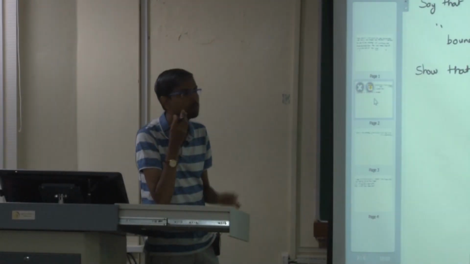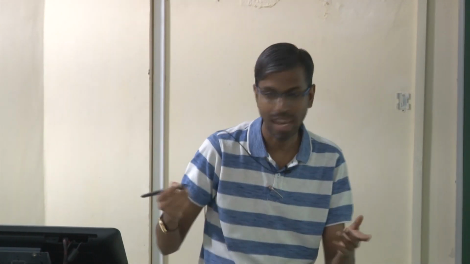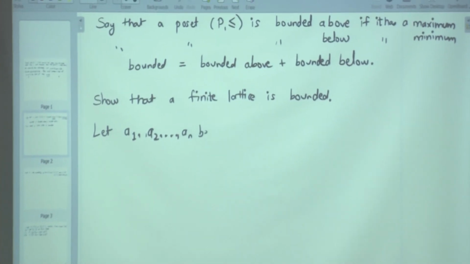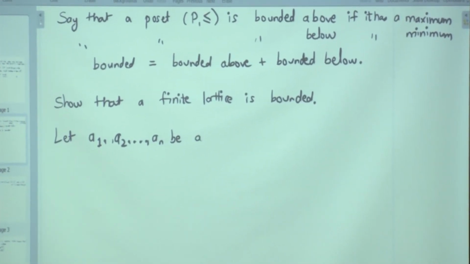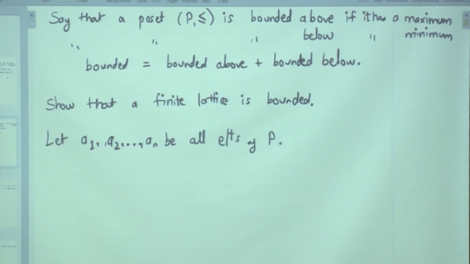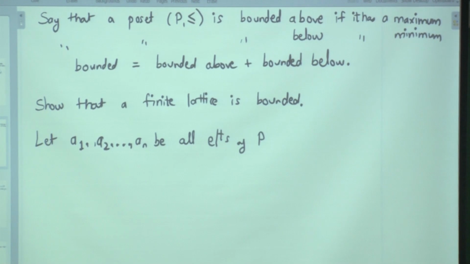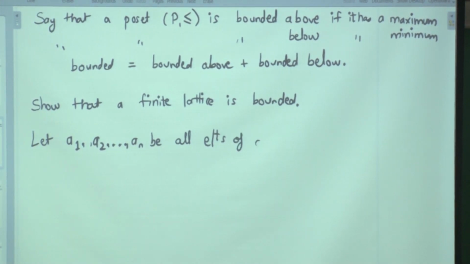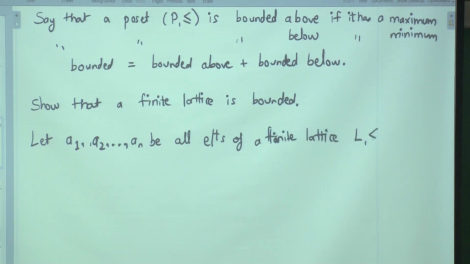How do you prove such a thing? Take the join and meet of every element. Yes. So let A1, A2, ..., AN be all elements of a finite lattice L, less than or equal.